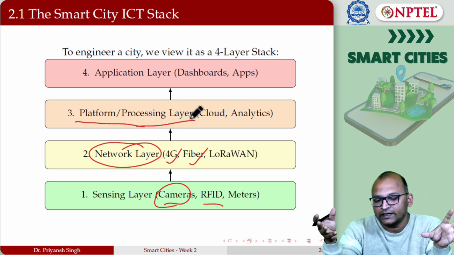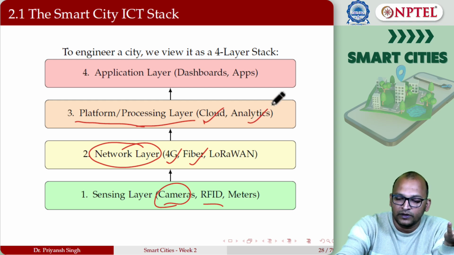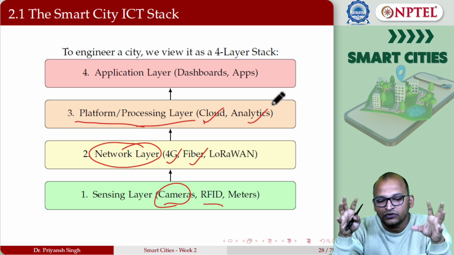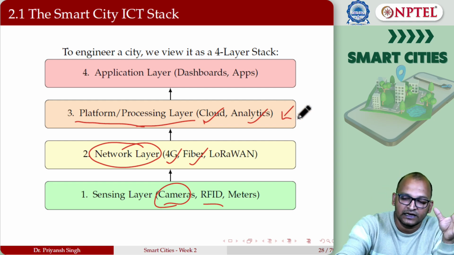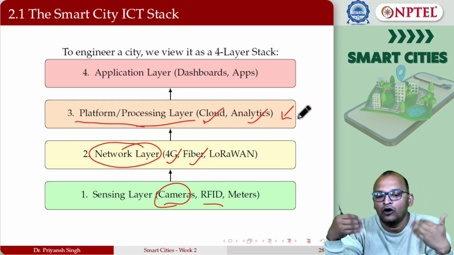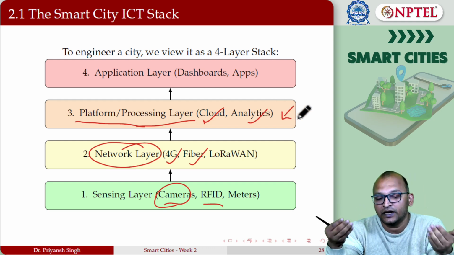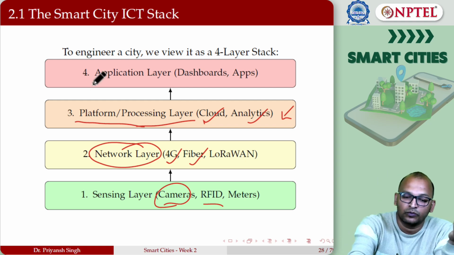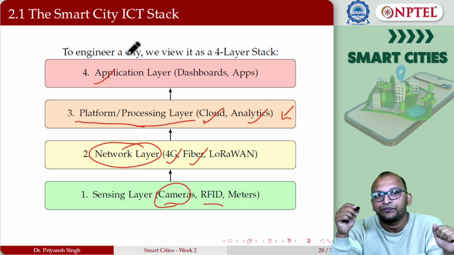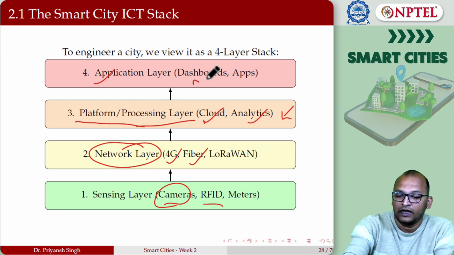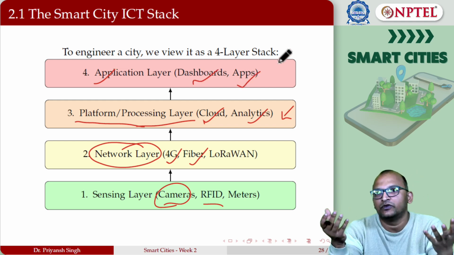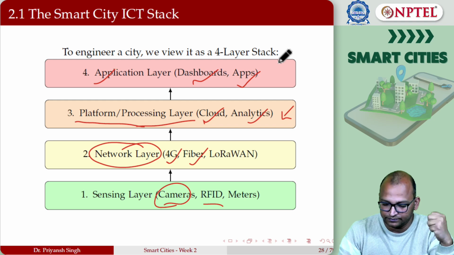For example, it could be a cloud or analytics, and based on the processing, a decision would be made at this layer. The output will be displayed in the application layer, which is the 4th layer in our stack. That layer can be, for example, dashboards or apps in which you will see the information.